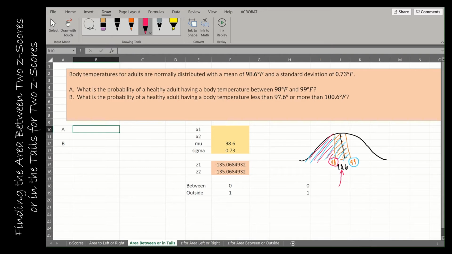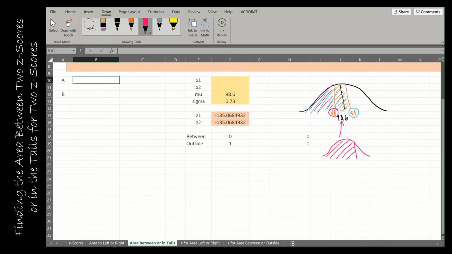So essentially what I'm saying is, if I take all of this, which is the 99, and then I subtract all of this, which is the 98, notice what area is left over. If I take away this, I'm taking all of this away. What's left? Just the part that I care about.